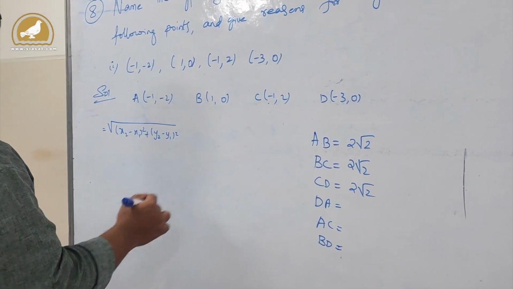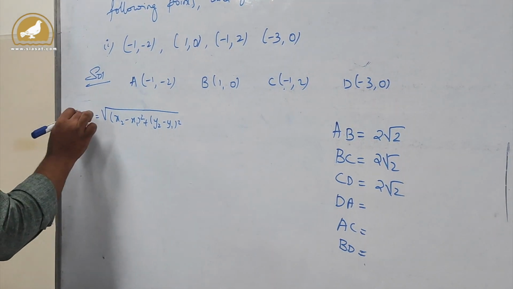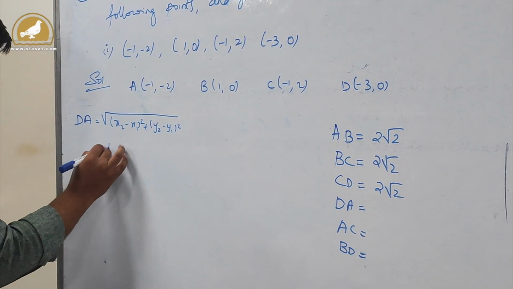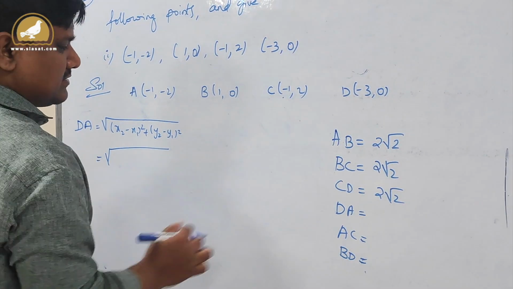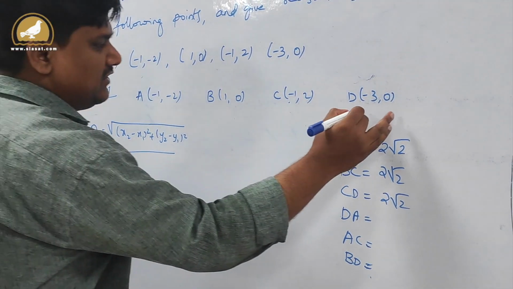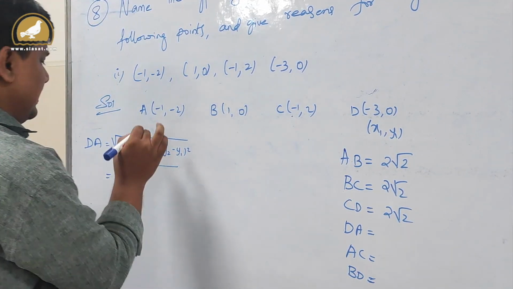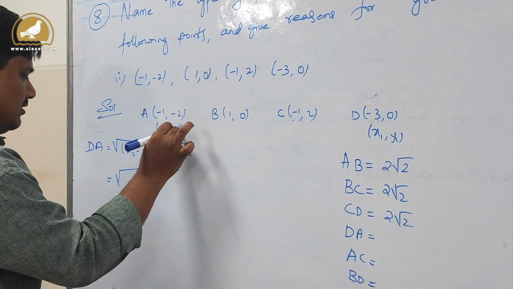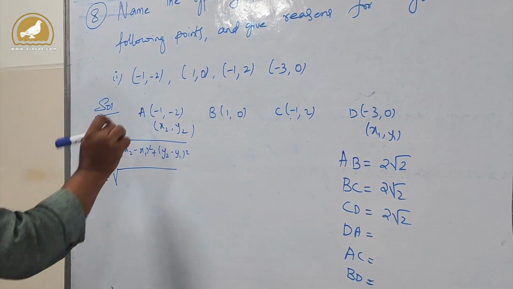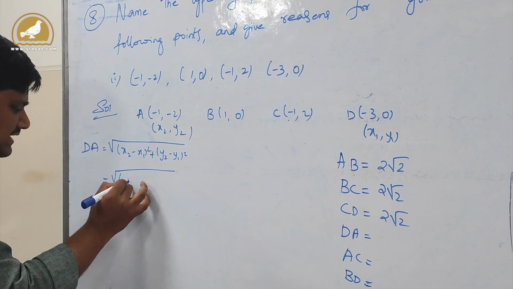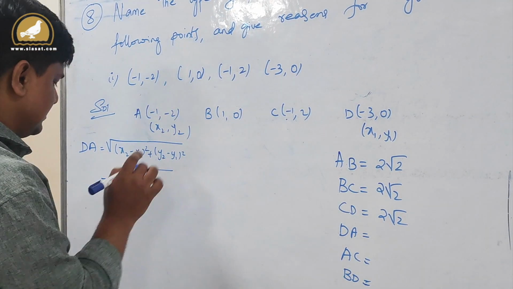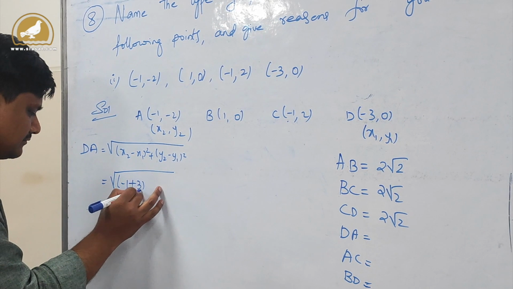Next we'll calculate the distance between D and A. When we calculate the distance between D and A, D is x1, y1 and A is x2, y2. So the value of x2 is -1, minus the value of x1 which is -3, so minus into minus plus 3.